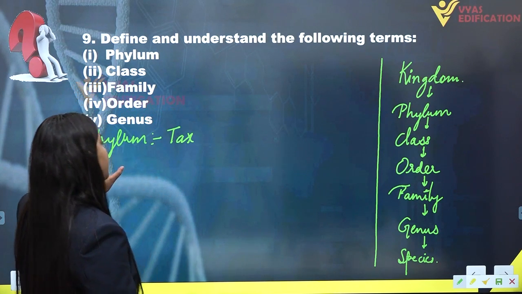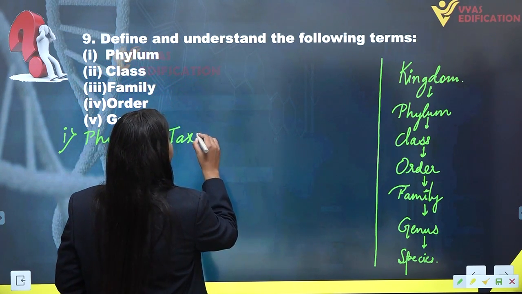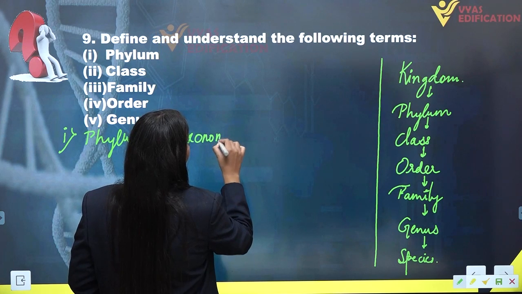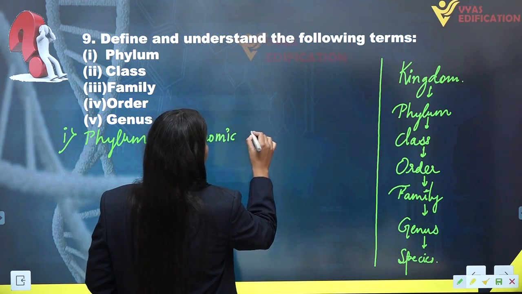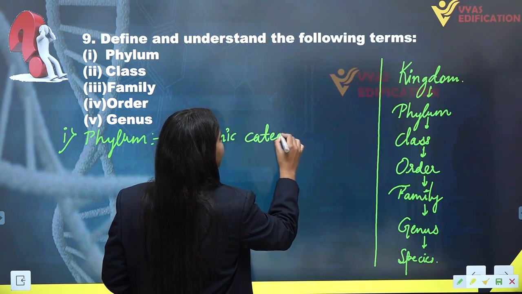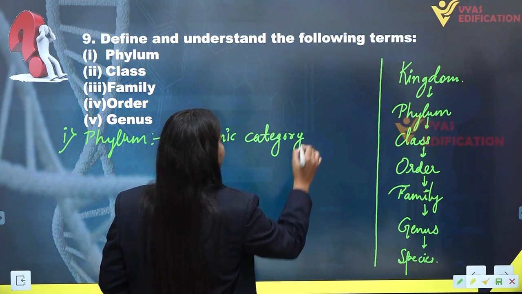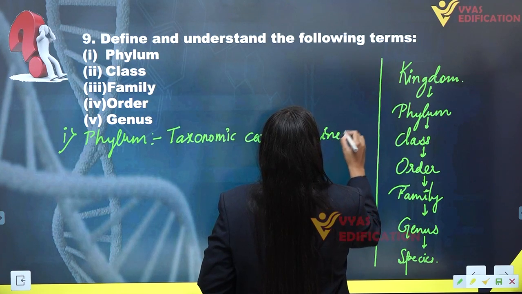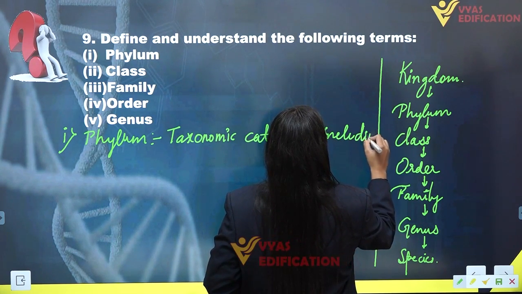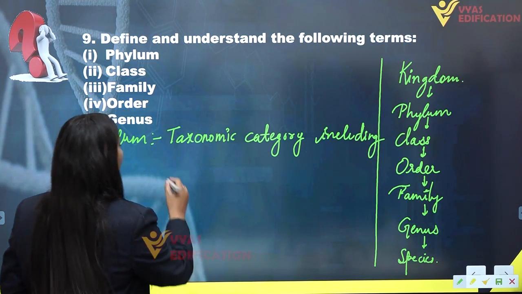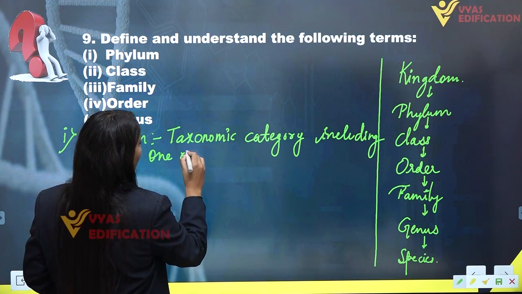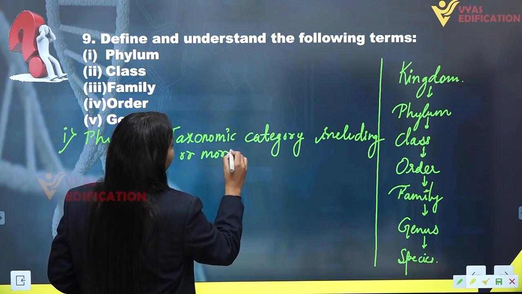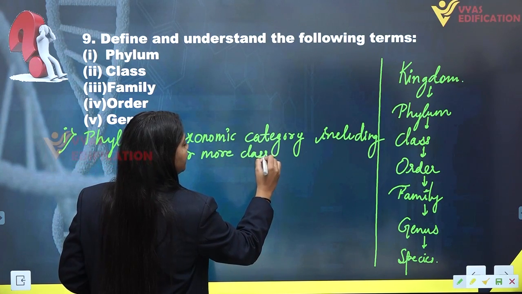So, we are writing that phylum is actually a taxonomic category. It is a taxonomic category including one or more classes.